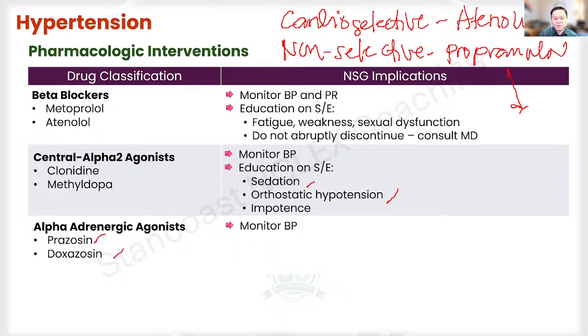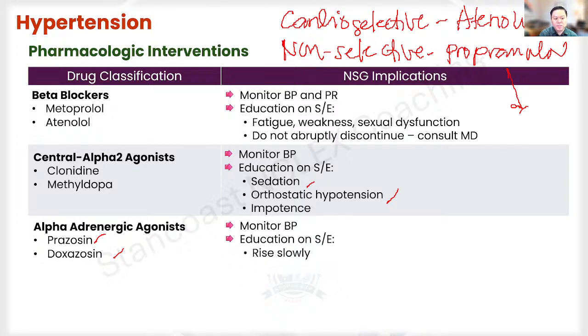We're going to have to monitor the patient's blood pressure as well, because it can really cause hypotension. Even though we really want to reduce the blood pressure, we don't want them to have a much lower blood pressure. We just want to reduce that, but not way too much. So it's good to keep an eye on their blood pressure trends.